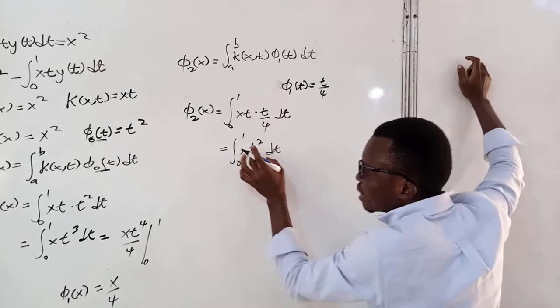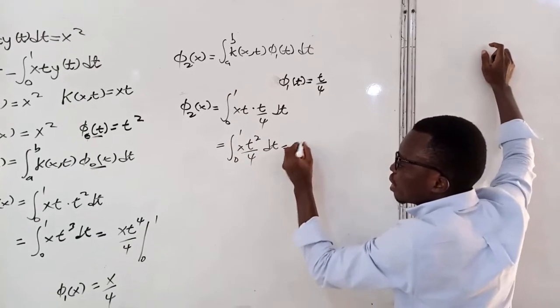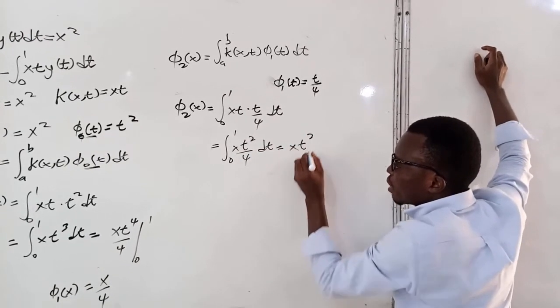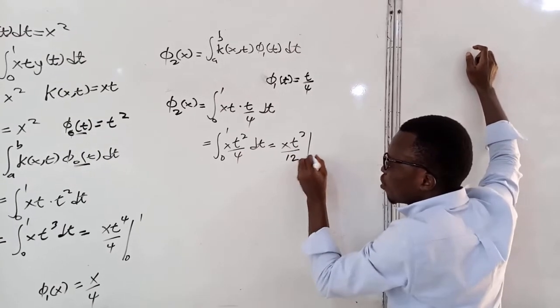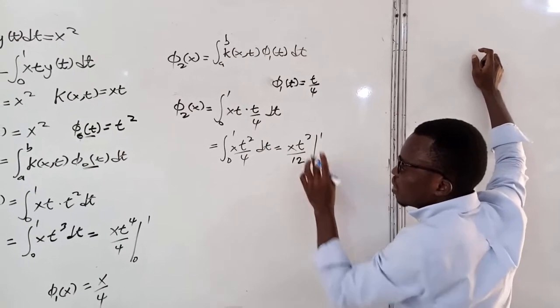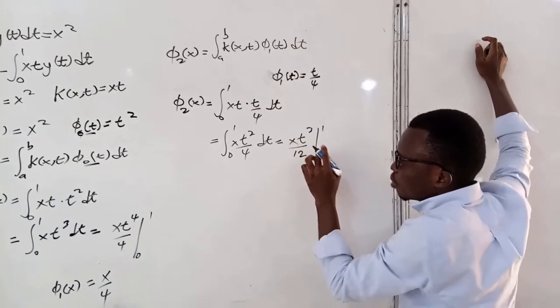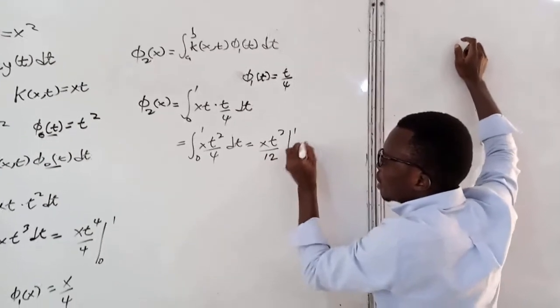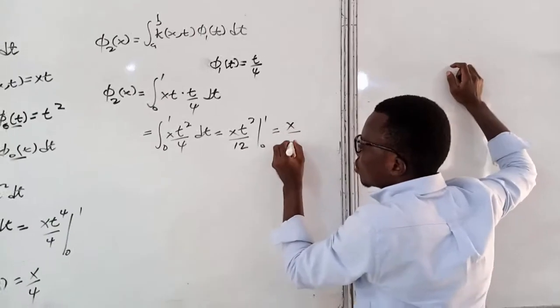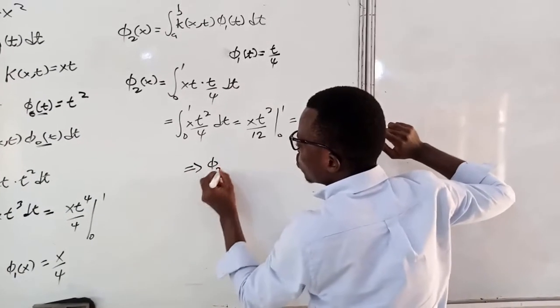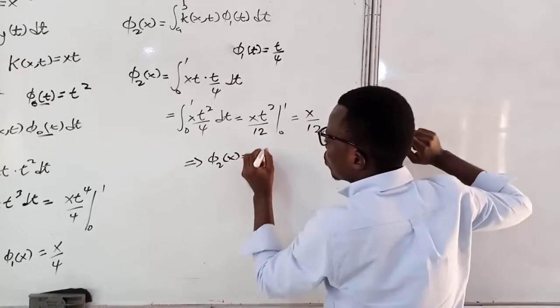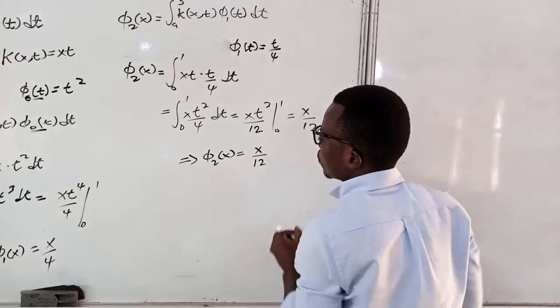If you integrate with respect to t, you are going to get st raised to the power 3 divided by 3 times 4, which is 12, evaluated from 0 to 1. Wherever you see t, you replace it with 1 or 0. This is the same as s over 12. This implies that my phi 2 of s is equal to s over 12.